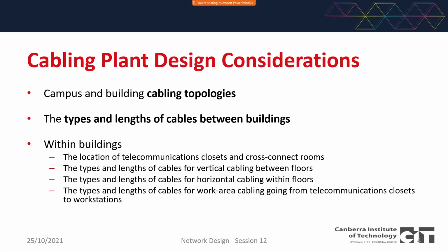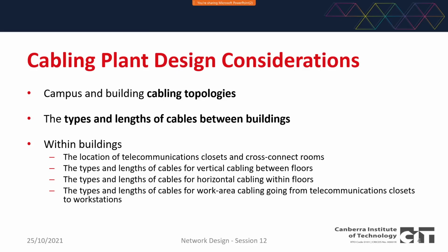The cabling plant design considerations we need to take include the distances. All right, so where are the devices going to be located? Where are we going to be installing these devices? So if we have the access switches in one building and we need to wire them up to the distribution layer switches, which are located in a different building, we need to be aware of the distance from one building to the other.